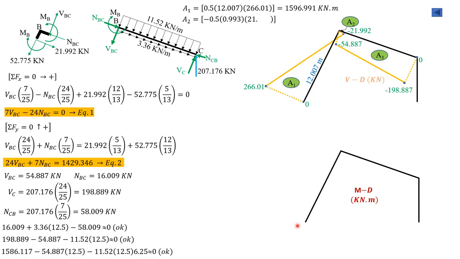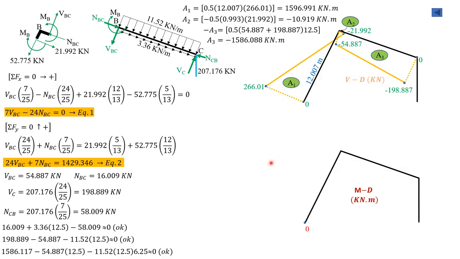Area 2 is negative 1/2 of 0.993, 13 minus 12.007, times 21.992, so negative 10.919. Area 3 is negative 1/2 of 54.887 plus 198.87 times 12.5, so negative 1586.088, which is expected to be 1586.117. But there's a small discrepancy because we round off values.